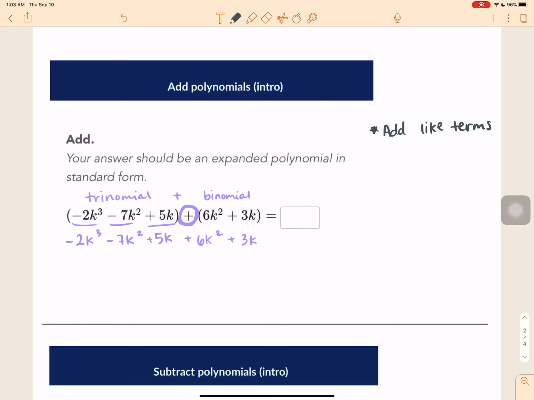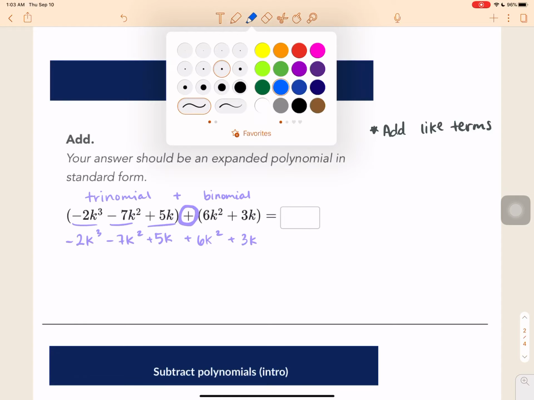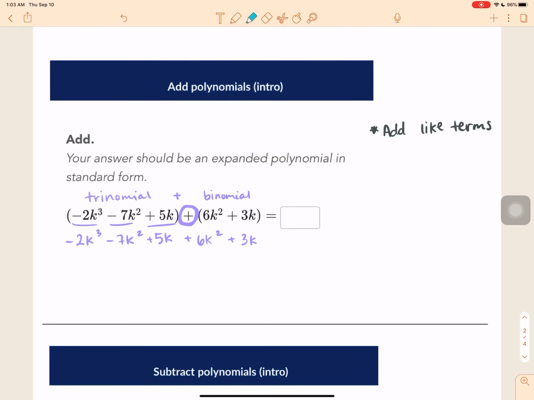Okay, so here I see that I have no other negative 2k cubed. So I'm going to use some highlighters to color the like terms. Negative 2k cubed is all by itself. There's no like terms for that one, so that's good.